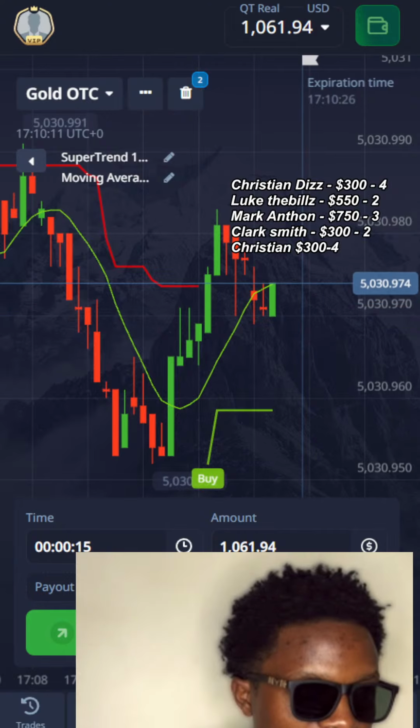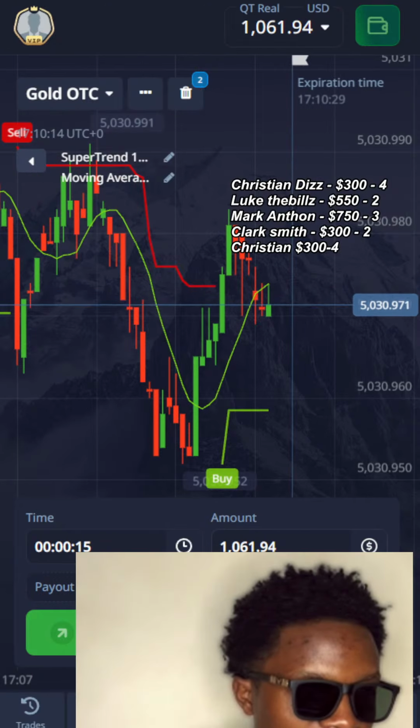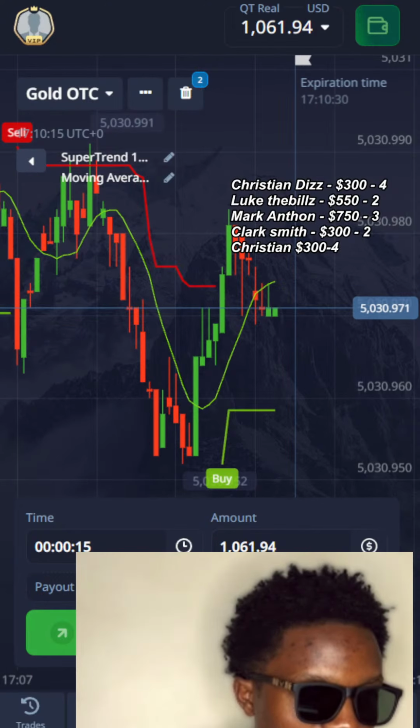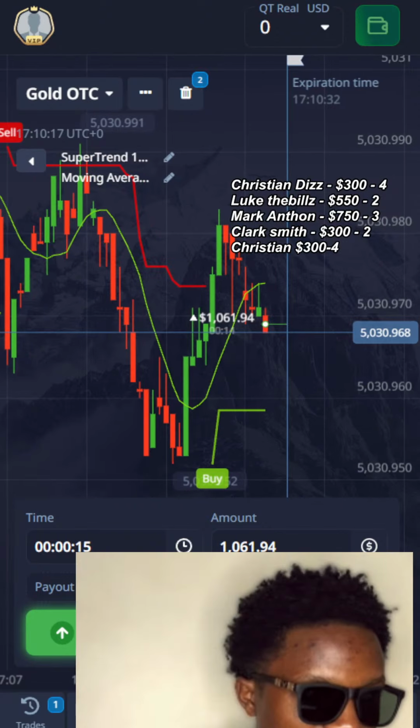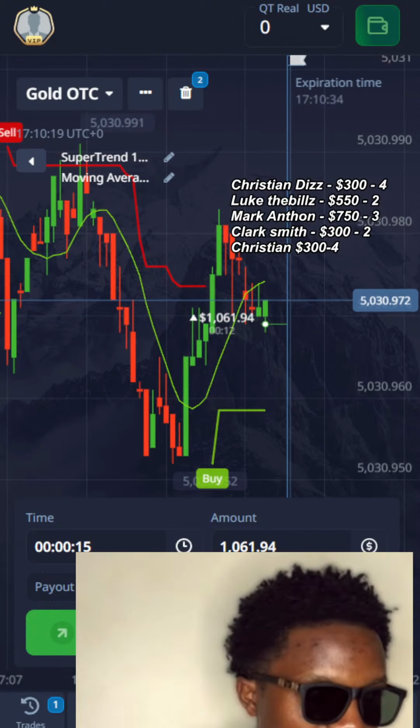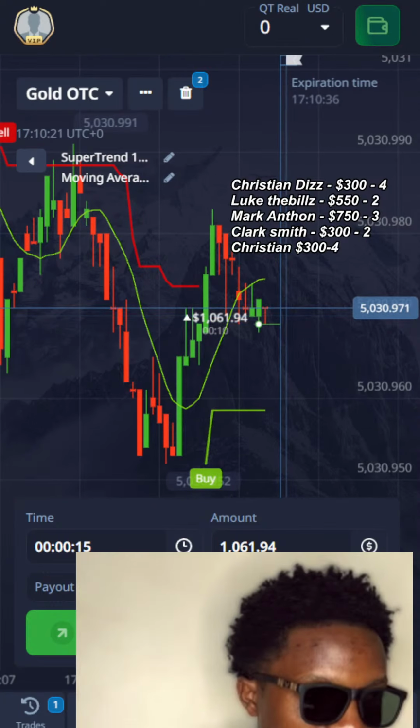This is the second attempt. Now this is the third attempt at the moving average. We take that buy from right there and see how this one pans out.